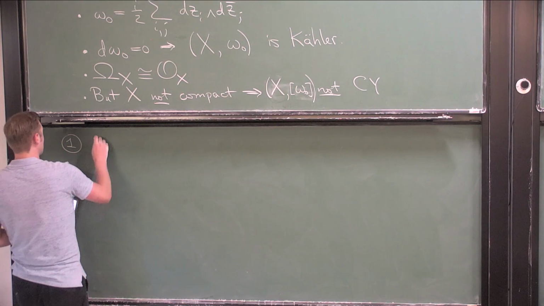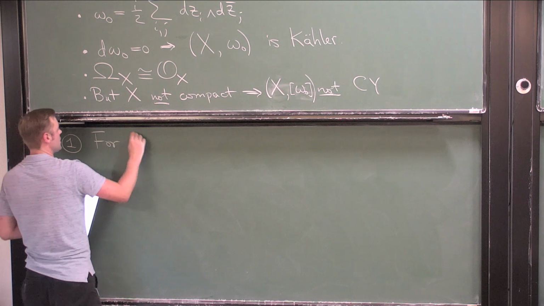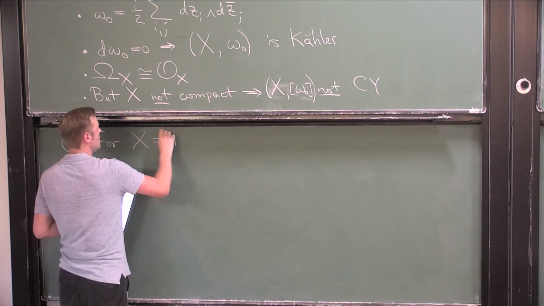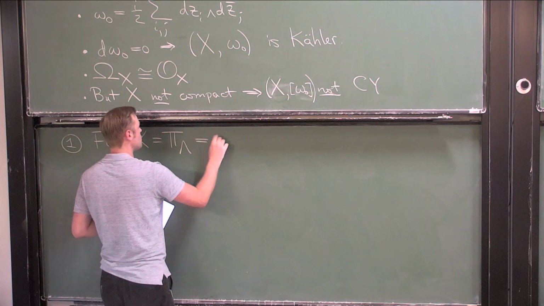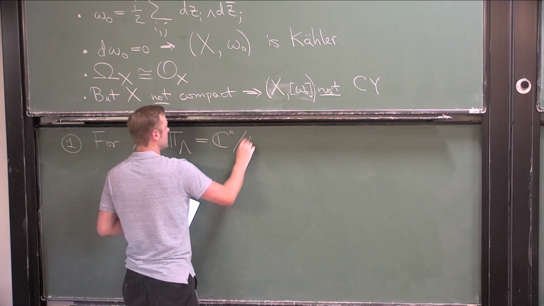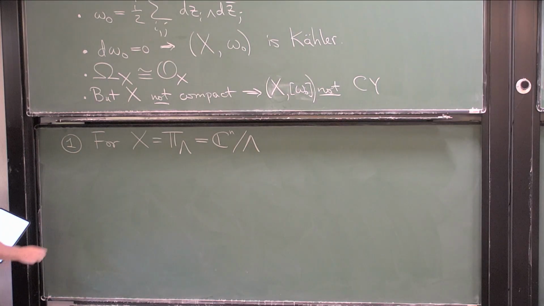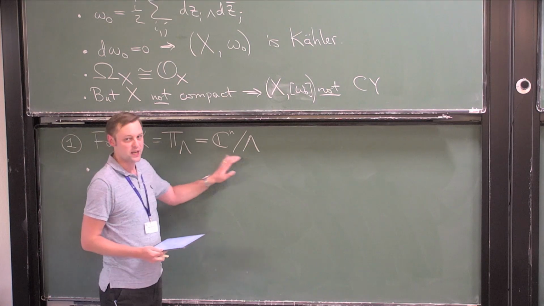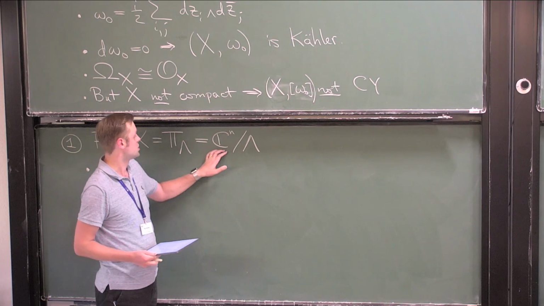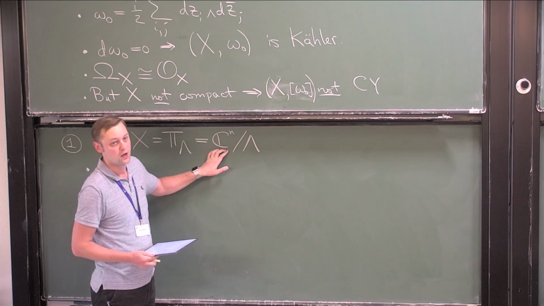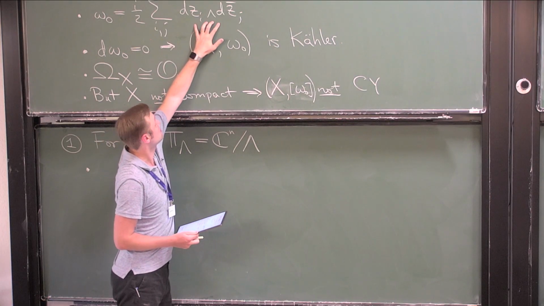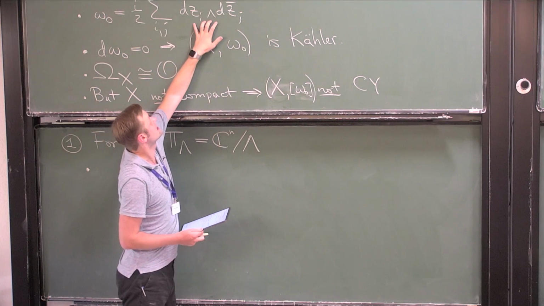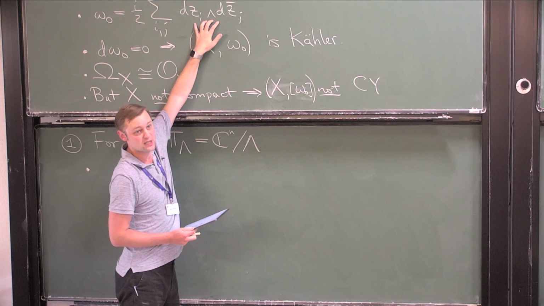So what about complex torus? If I take X to be one of these complex tori, which remember was this quotient of C^n by a lattice. The fact that it's a quotient, again, we're going to use this to our advantage, because the standard Kähler form on C^n is obviously, quite clearly, invariant under translations by lambda.